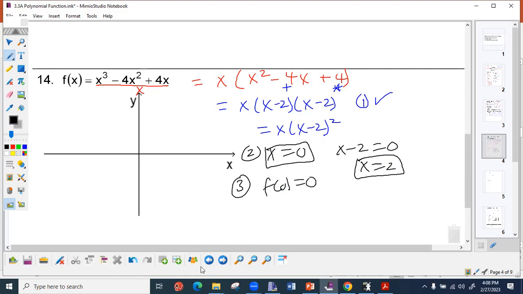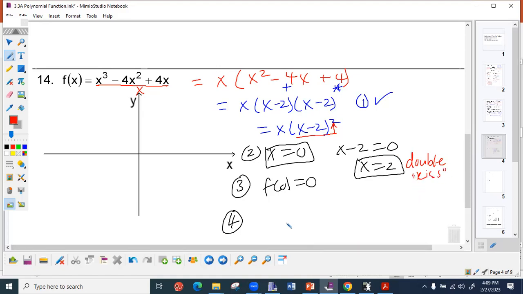If your x-intercept is 0, guess what your y-intercept has to be? 0. All right, step 4 is our multiplicity. So notice here at x equals 2, it has a double multiplicity, because remember this guy right here? It was squared. What did we say a double meant is going to happen? It's going to kiss the line. It has to kiss it. It's going to touch, right?